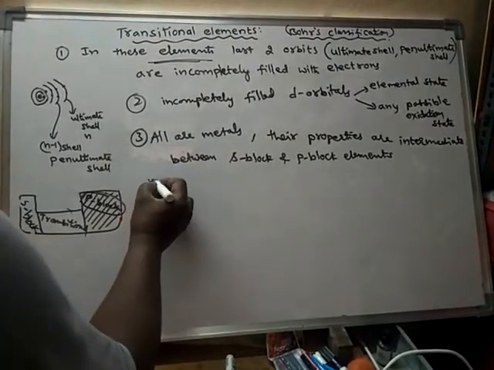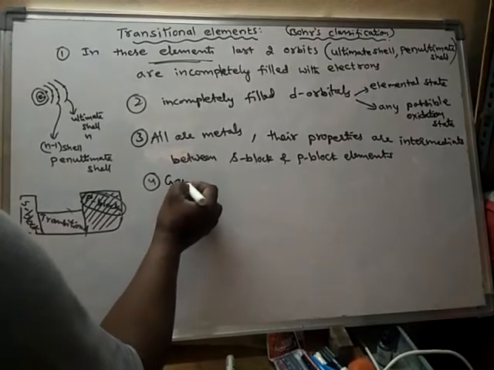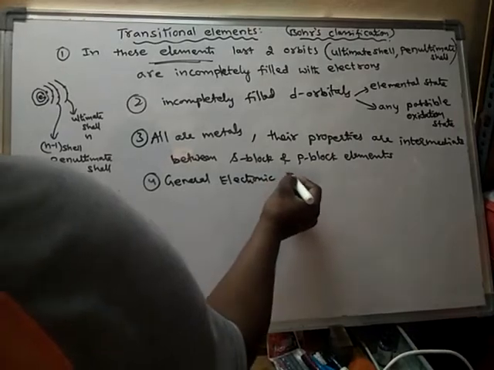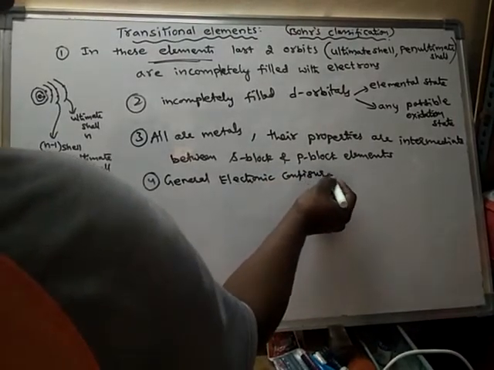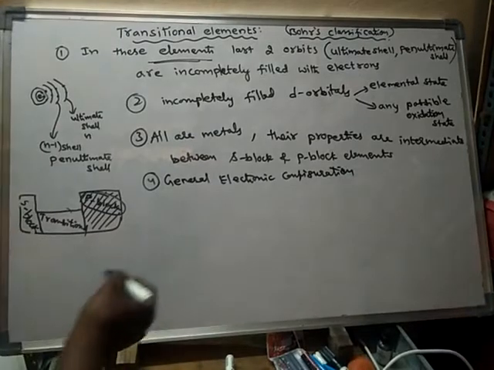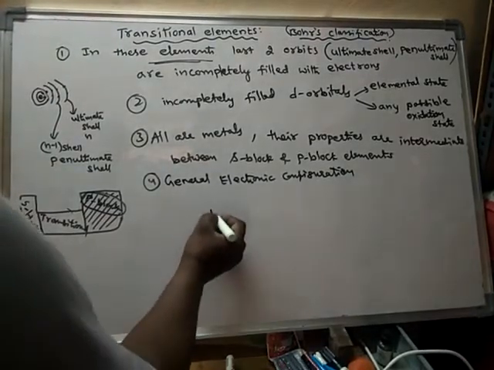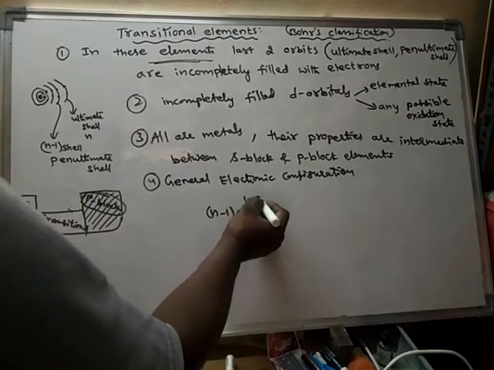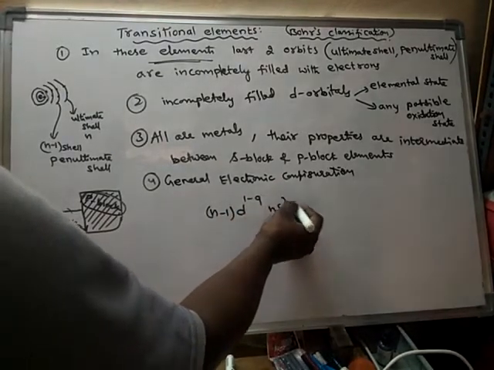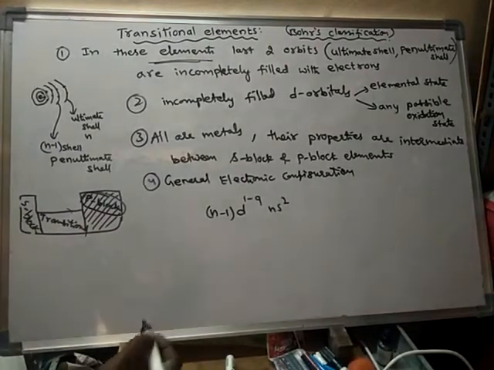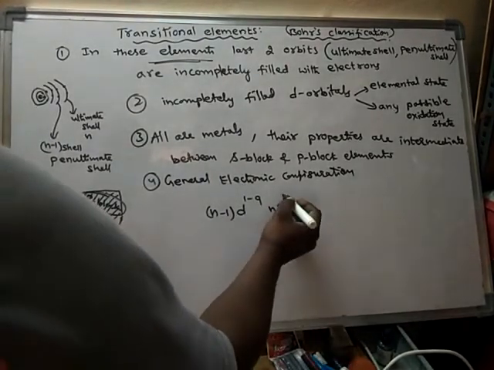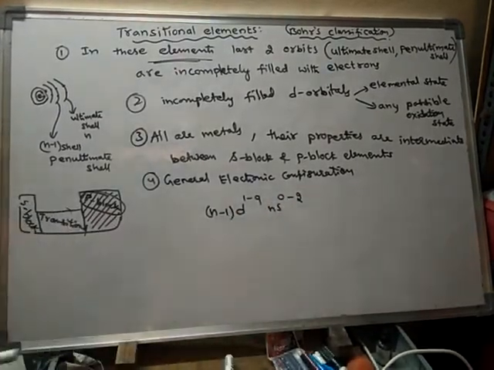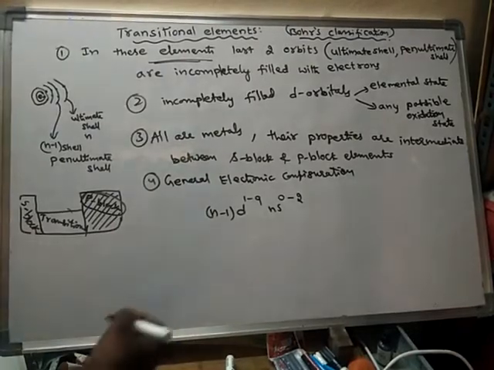Their general electronic configuration is given like this: (n-1)d 1 to 9, ns 0 to 2, either 0 or 1 or 2.